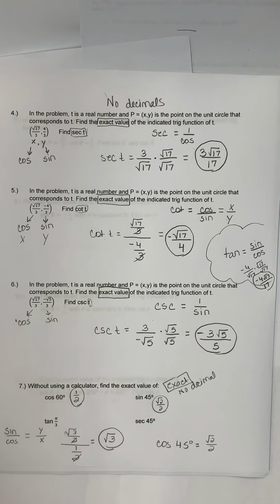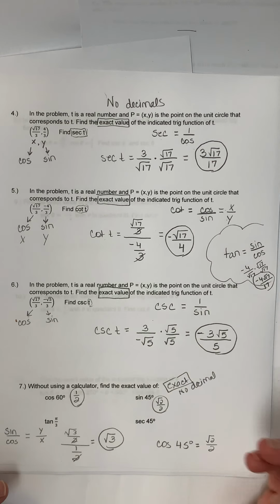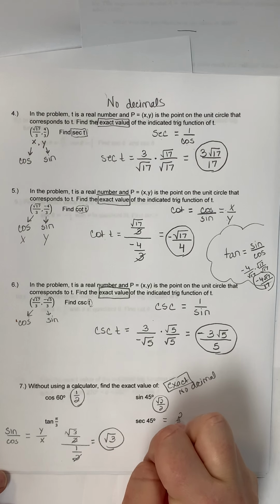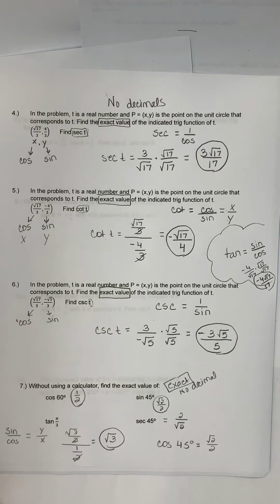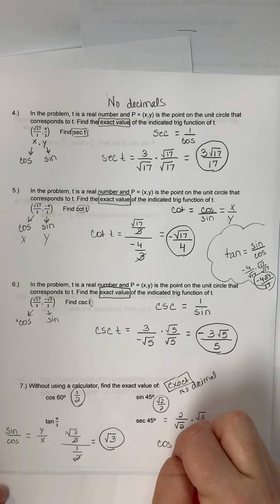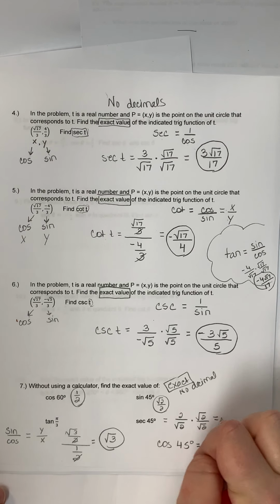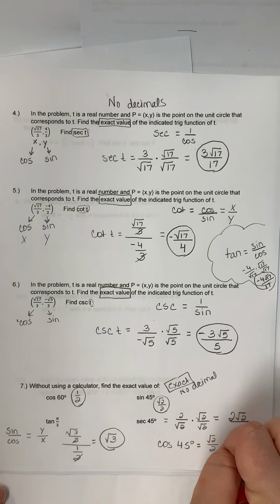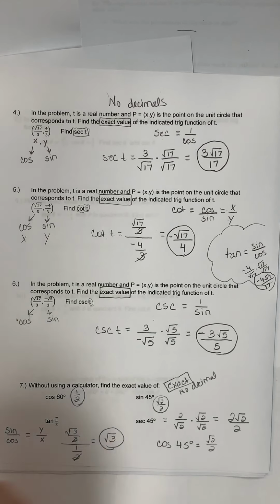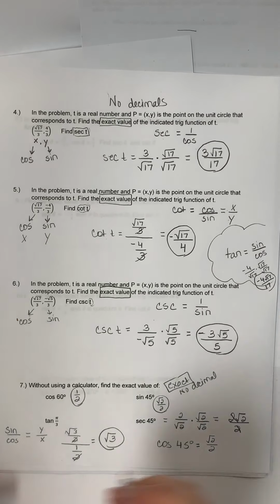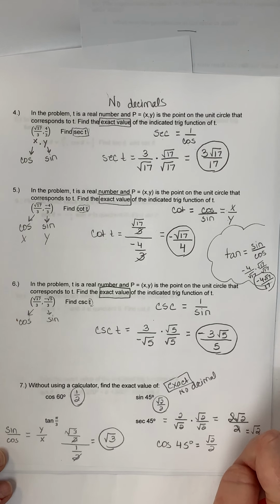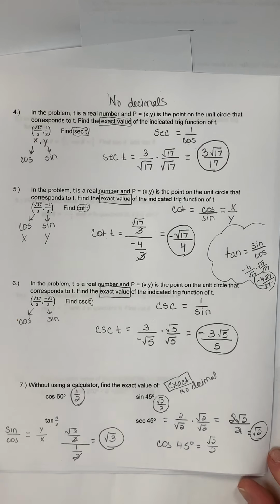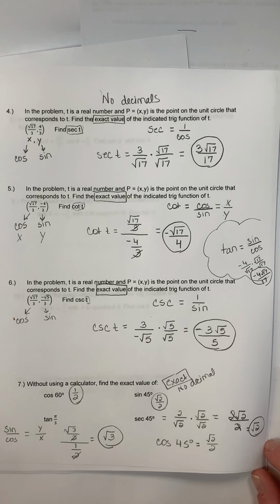I want the secant, which means I'm going to flip it. So I'm going to have 2 divided by the √2. I can't leave it like that. I'm going to have to rationalize, and I get 2√2/2. Those cancel. And my answer is just going to be the square root of 2.